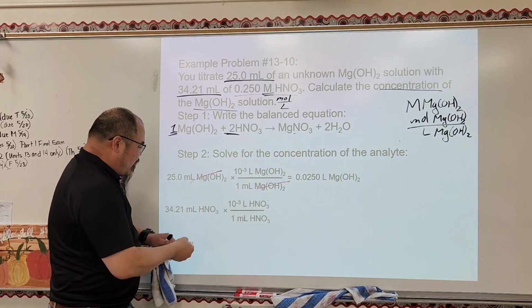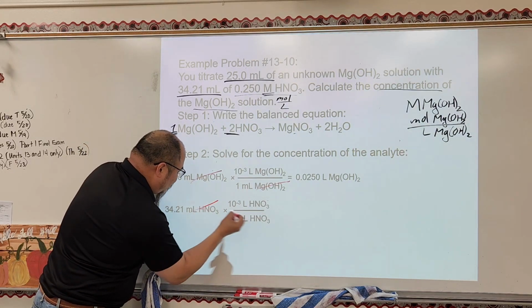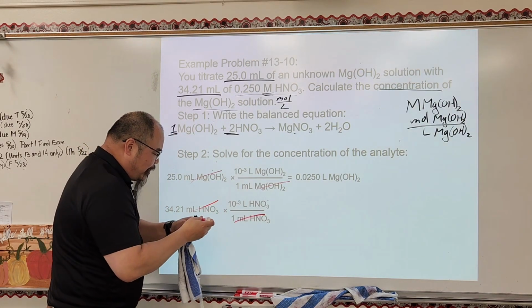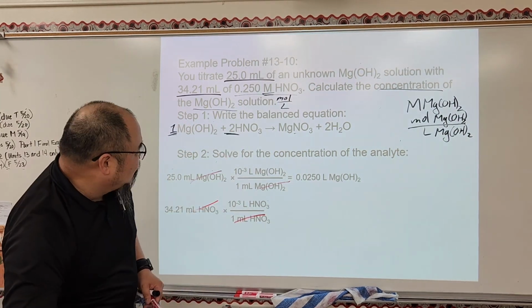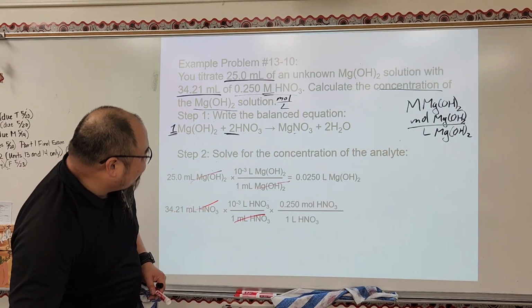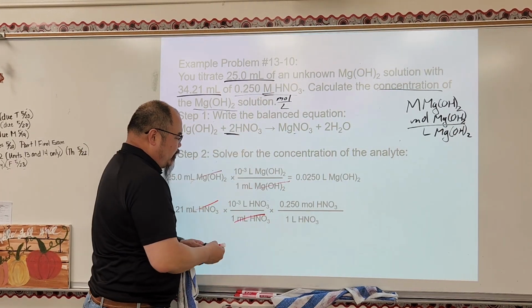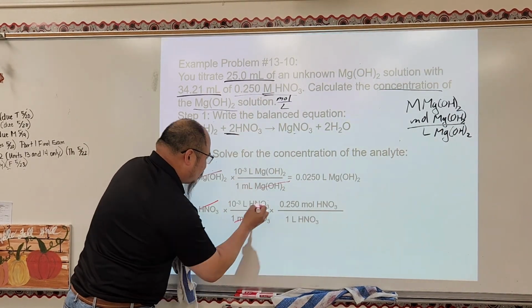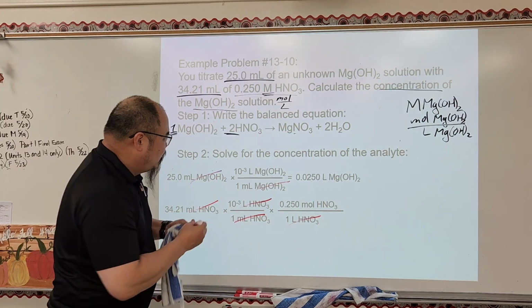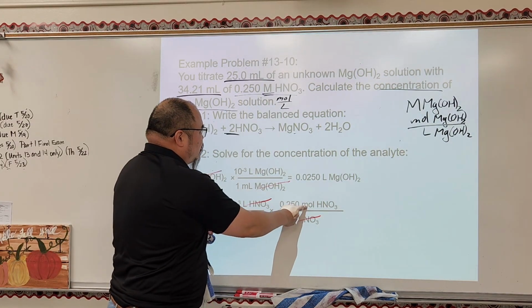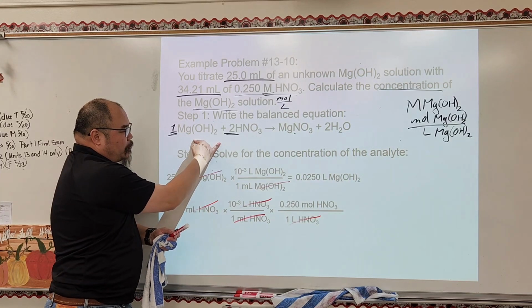So now that we have milliliters of nitric acid on top and on bottom, we can cancel it out. Now we have liters of nitric acid. We don't want liters of nitric acid. So what are we going to do? Cancel it out with our molarity. We're going to put the liters of nitric acid on bottom, liters of nitric acid on top, cancel, cancel. Then we have the moles. That's where we're going to get to here.